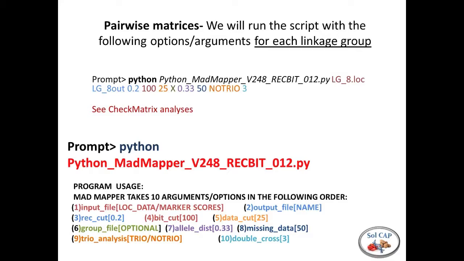We're going to do this 12 times, once for each linkage group, or if we have more than 12 linkage groups, once for every linkage group. You put in the exact same parameters and options, but of course your input file is different, and your output file is different. And that's all you do. When you hit go, it automatically generates the pairwise matrices for each linkage group.